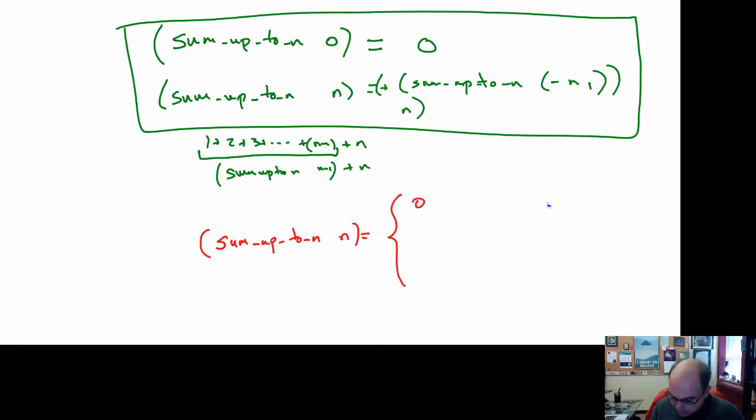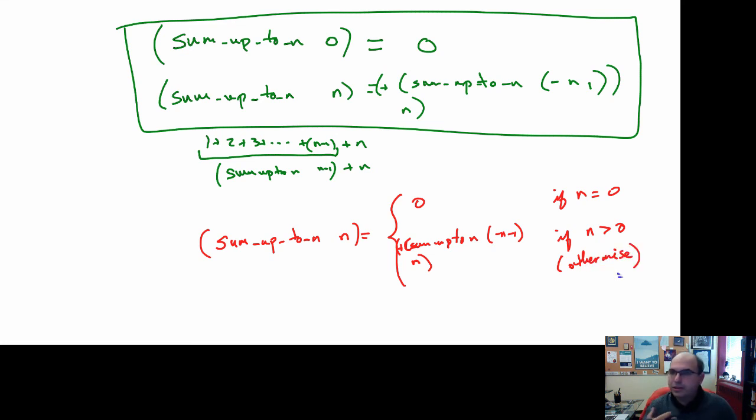So it is equal to 0 if n equals 0, okay? And it is equal to sum up to n of n minus 1, add n to that, if n is greater than 0, or sometimes this is just written as otherwise.